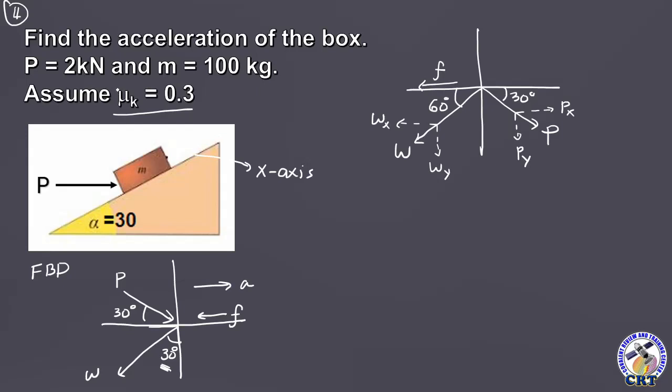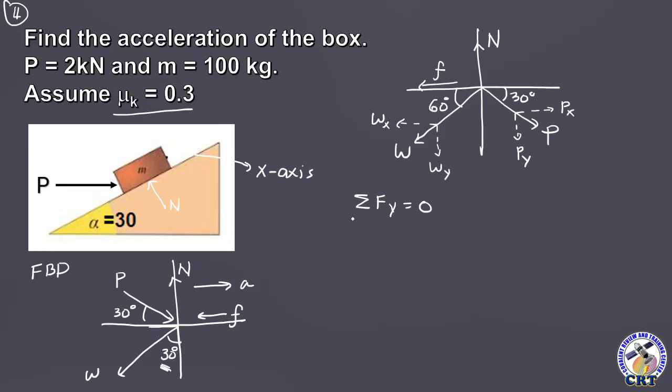So since there is a friction to consider, we will start our discussion with the summation of y component equals 0. By the way, there is a normal force perpendicular with the contact. So this is our N in the free body diagram. So let us put again N in this direction.